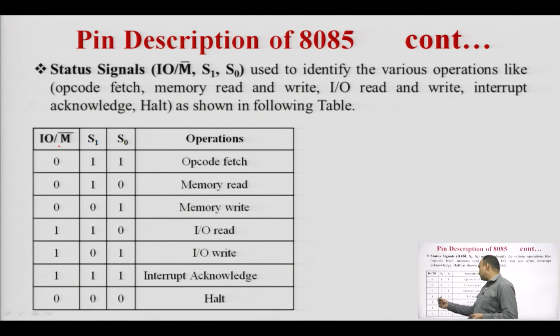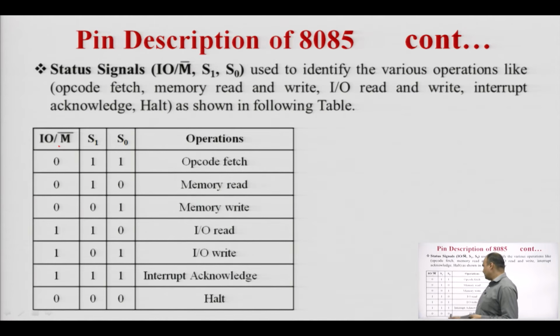Similarly, for input output related operations, the status on this pin is logic 1. For input output or memory logic 1, S1 is 1, S0 is 0, the microprocessor will perform an input output read operation. If the status on the input output or memory pin is logic 1, S1 is 0 and S0 is 1, the microprocessor will perform an input output write operation.